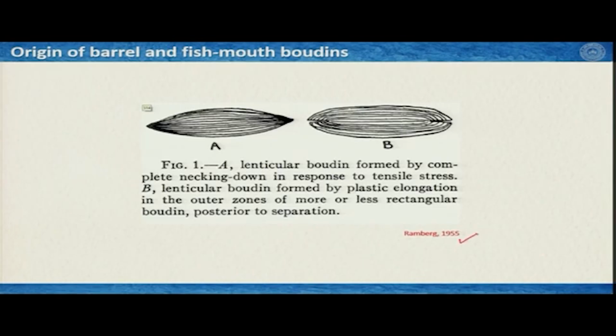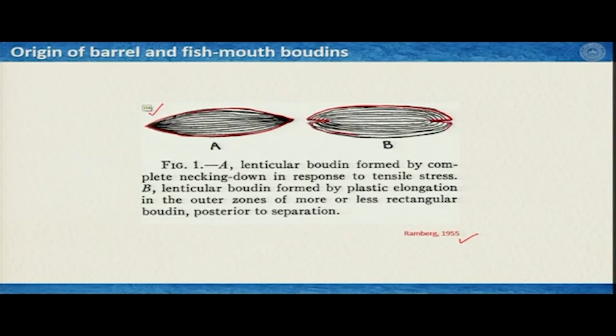As you can see here, the first one is a classic lenticular boudin. So, this is the shape of this boudin. This is some sort of a pinch and swell structure, but the pinches have been torn off. But here if you look clearly, the shape of the boudin is something like that.